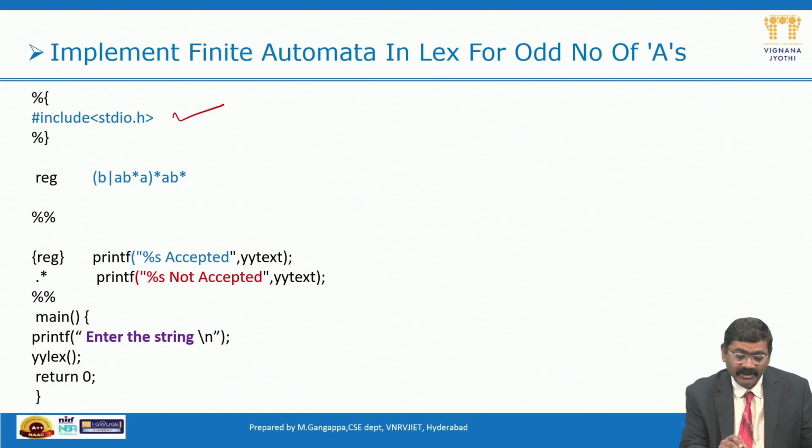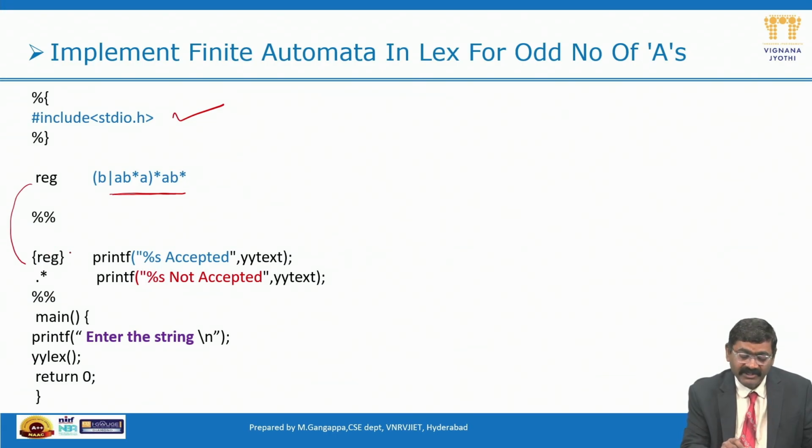With the help of that reg variable we can recognize odd number of A's. This is the regular expression we have already seen in the last slide. Now we should call this reg variable in curly brackets to make it a pattern. Now it becomes a pattern.